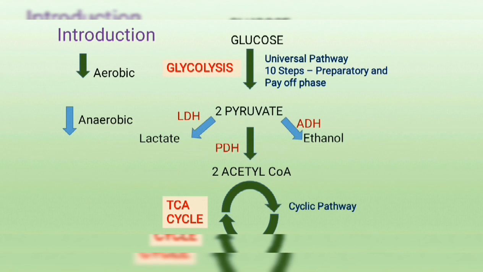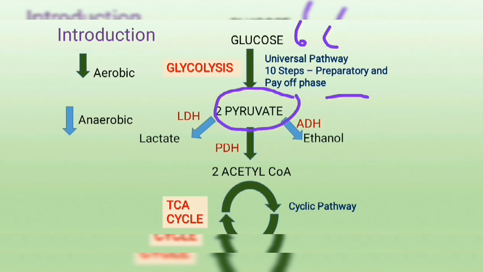Coming to the glycolytic pathway, in this pathway, glucose, a 6-carbon molecule, enters into the reaction which has 10 steps, and these 10 steps are divided into the preparatory and the payoff phase, and finally it produces 2 molecules of pyruvate.